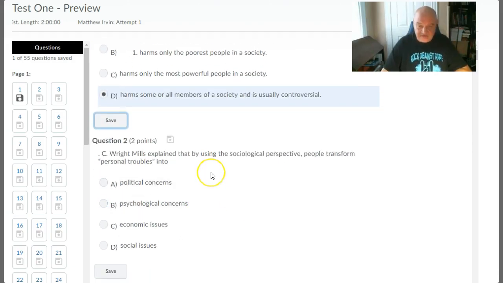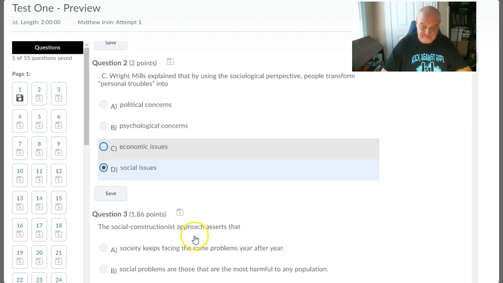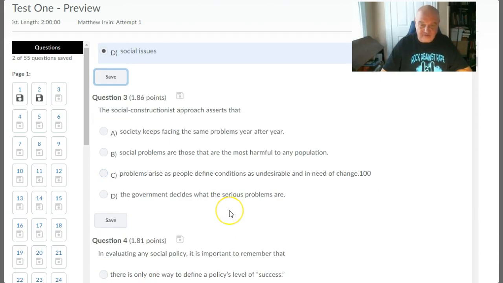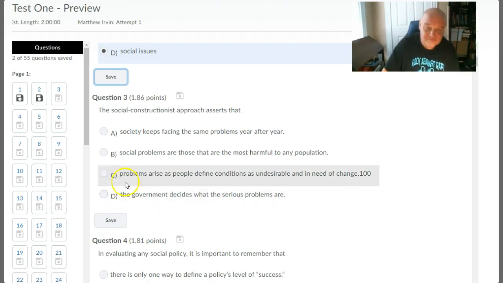C. Wright Mills explained that by using the sociological perspective, people transform personal troubles into social issues. The social constructionist approach asserts that problems arise as people define conditions as undesirable and in need of change.